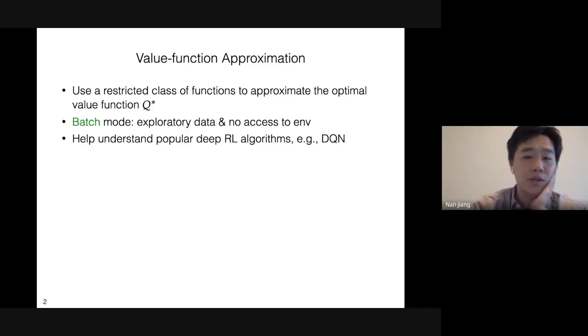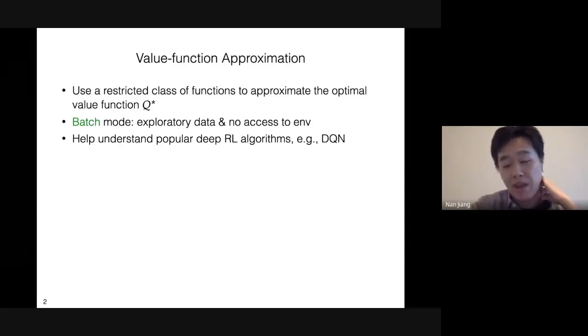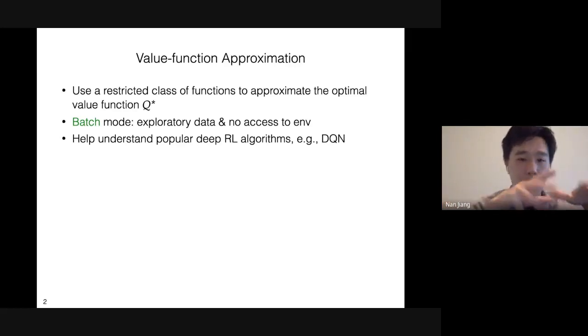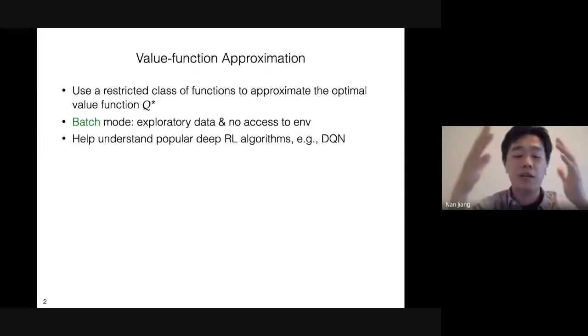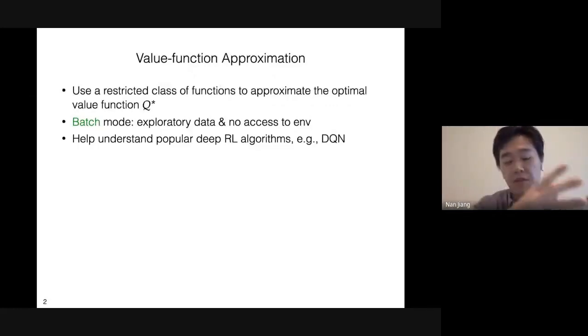One of the important reasons is because it helps us understand many popular deep RL algorithms, because although those algorithms have online access to the environment, they're really just combining some heuristic exploration mechanism with an off-policy or batch RL algorithm. Sometimes these environments are easy to explore, so you collect an exploratory data set, and the really crucial part is that you want to have a value function approximation algorithm that works very well given a good data set, right?